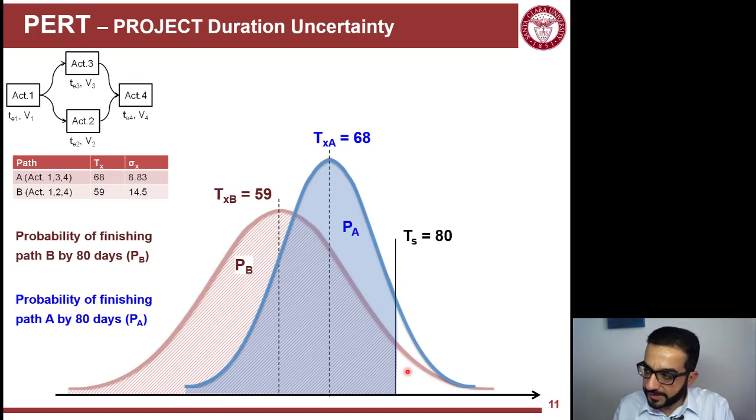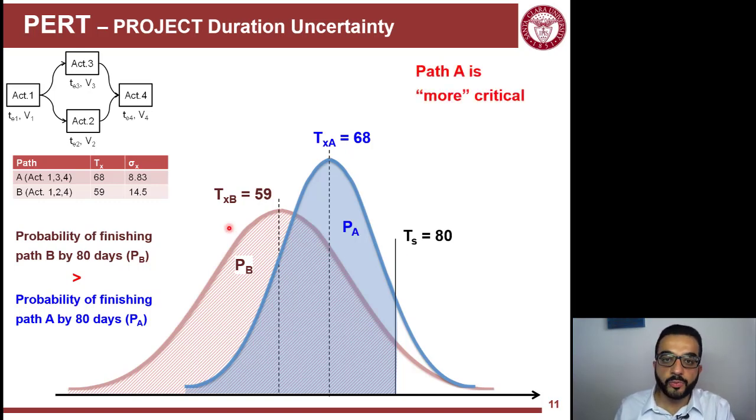If this area is less, this means that the area of the pink curve to the left of 80 days is more than the blue. So this means that TB is more than TA. The probability of path B finishing by 80 days is more than the probability of path A. So I'm more confident about path B than path A. So that translates into path A being more critical.